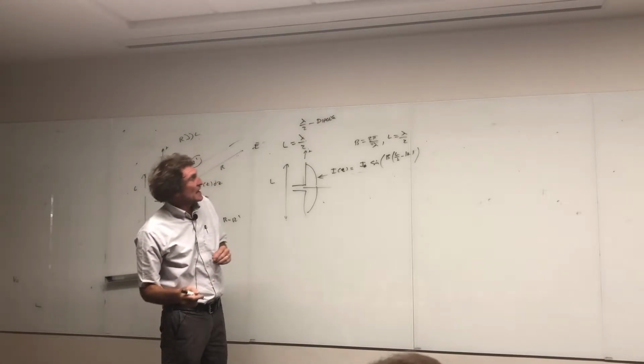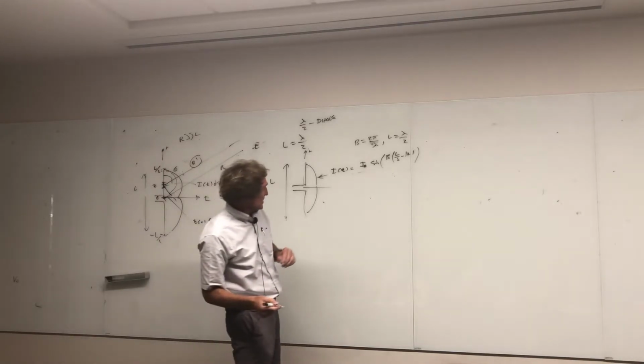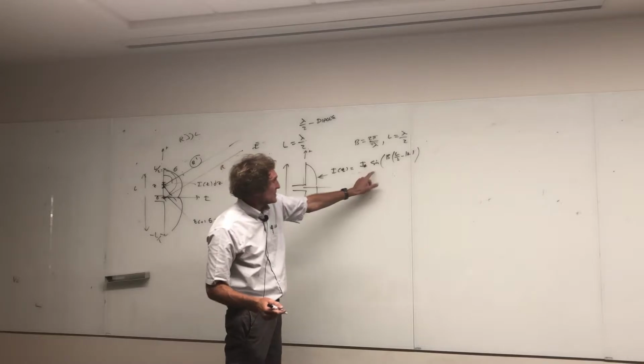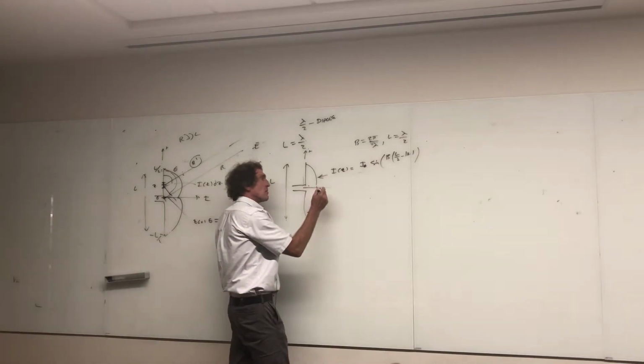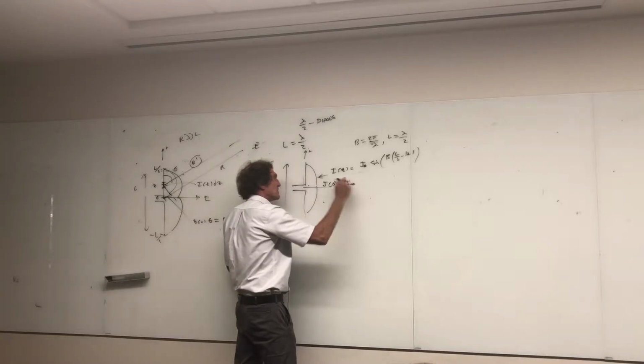So that means at 0, I have basically 2 pi over 2, or I have the sine of 90 degrees, or 1 here. Follow me on this? So right here at 0, when z is 0, I have I naught feeding my antenna.